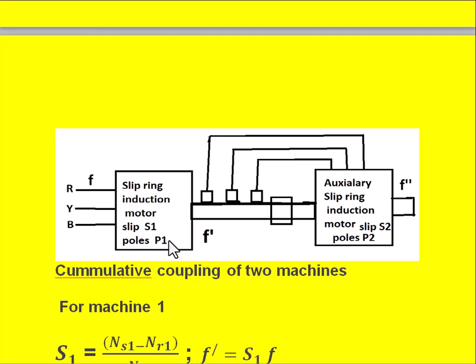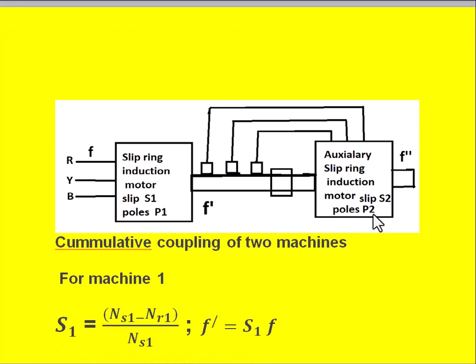This is the one slip ring induction motor whose slip is S1 and the number of poles is P1. And here this is the second slip ring induction motor whose slip is S2 and the number of poles is P2. This is machine 1 and this is machine 2. Machine 1 is supplied by a three-phase supply whose supply frequency is F, and the rotor EMF frequency of machine 1 is represented by F dash.